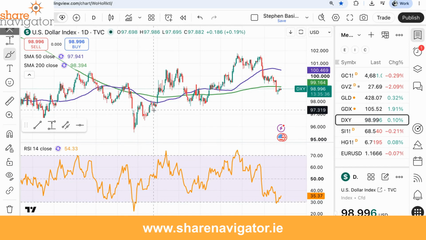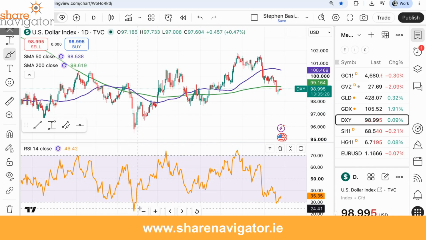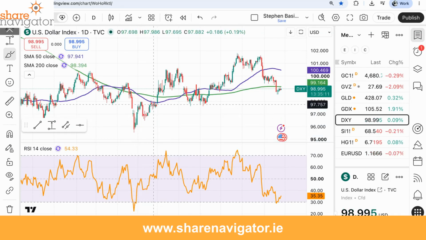Having said that, when we get to extremes on the dollar index, in other words, when the dollar is considered to be excessively weak, so when RSI gets below 30 here, we're not interested in trading that anymore. The reason for that is, if you think of the logic, if something gets oversold here, it's likely to rebound. So look what happened to the price of the dollar. After it got extremely weak, it started to strengthen a bit again.